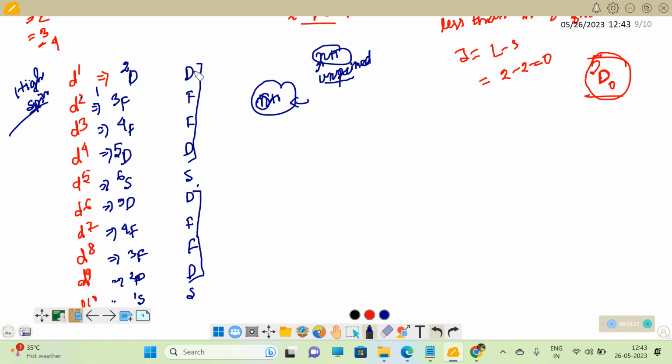So just remember this: DFFDS, DFFDS, and add n plus 1. What is n? N is the number of unpaired electrons. This is how you can evaluate the Mulliken term symbols, you can write them.